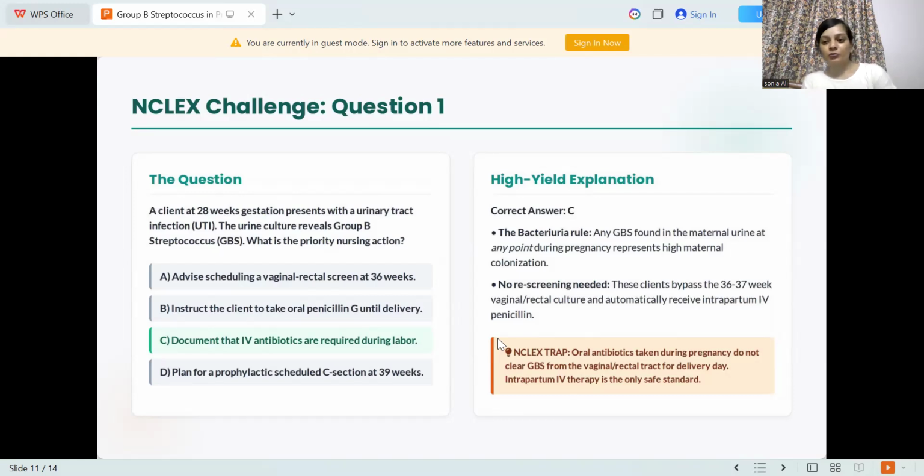So the bacteriuria rule is that any GBS found in the maternal urine at any point during pregnancy indicates high maternal colonization, with no rescreening needed.